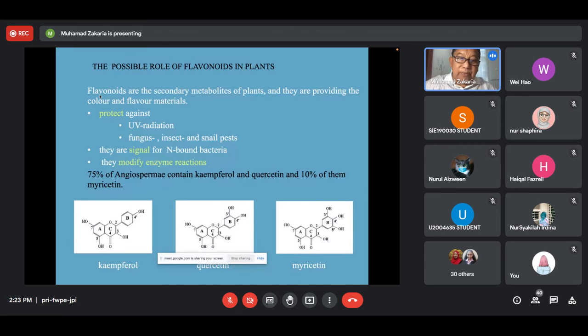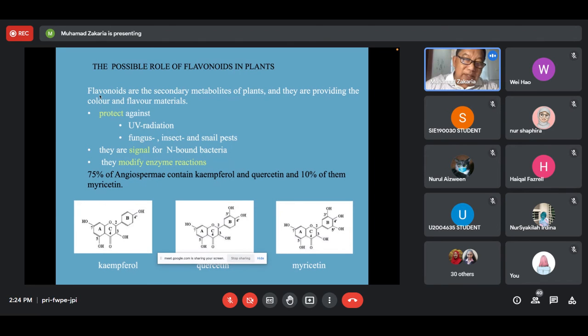The possible role of flavonoid in plants. Flavonoids are secondary metabolites of plants, and they provide the color and flavor material. So it protects against UV radiation. Okay, the flavonoid protects the plant from UV radiation. There's a lot of UV radiation from the sky, from the sun.